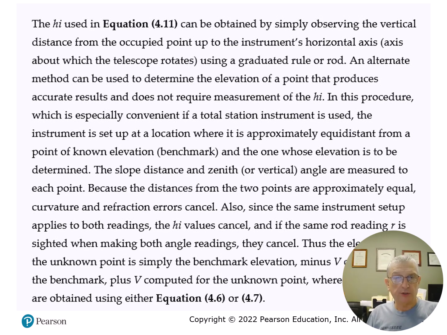That would be what you measure with a pocket tape, typically just a measuring tape, or some people will use a level rod because it's straight and it's rigid and it's not going to bend. So one thing that I said I'd come back to here, and they've got this in the book.